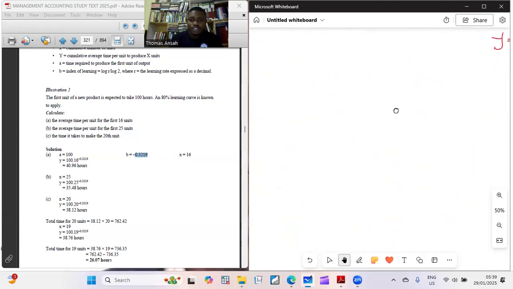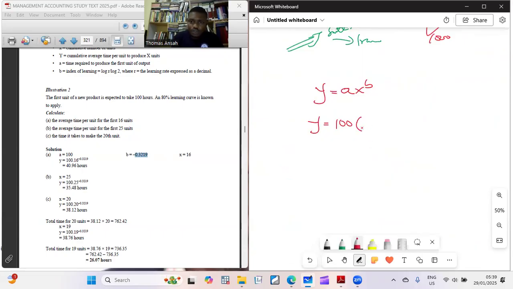The dot you see there is multiplication, but we prefer to use this one. And we did log 2 and log 8 over log 2, you remember, which is the same thing, 0.3219. So when you punch your calculator, you should be able to get this figure.